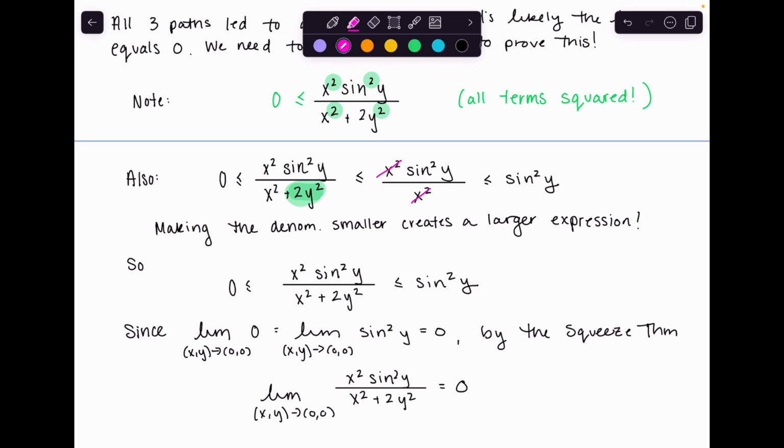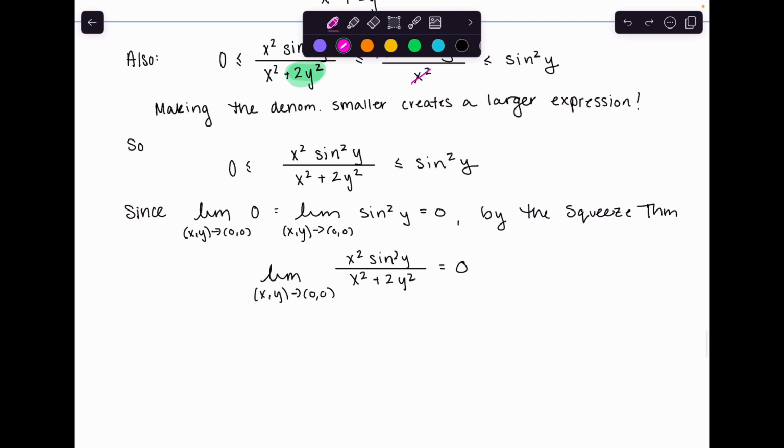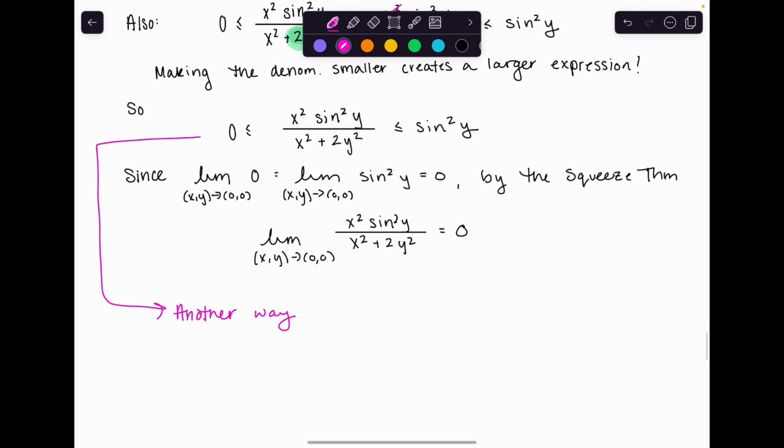What I am going to show you is you can get this a different way, in case you didn't like that approach of making the denominator smaller. So down here, another way. If you consider x squared plus 2y squared, it's definitely bigger than or equal to x squared.